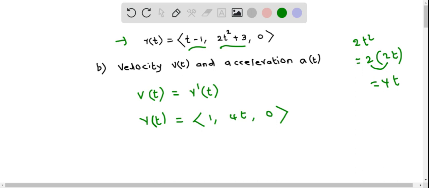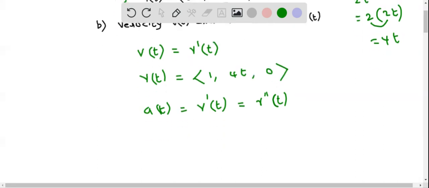Now let's find the acceleration function. So we write the acceleration function, and this is basically the derivative of the velocity function, v prime of t, or otherwise we can also say that it is the second derivative of the position function. So we will now consider this velocity function, and we have to find its derivative.